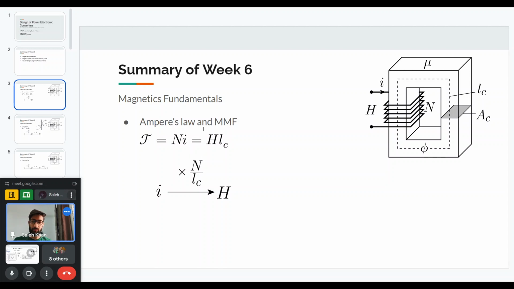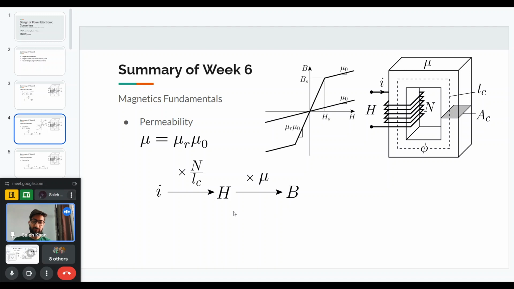Using Ampere's law, once we know the current, the number of turns, and the magnetic path length of the core, we can calculate the magnetic field intensity H, which is given in ampere turns. After we have found the magnetic field intensity, we can find the magnetic flux density B. This can be found by multiplying H by a factor called the permeability of the material.